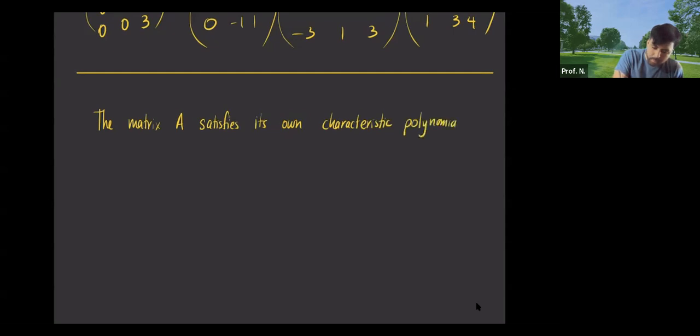That's a very, very profound statement. We're not going to get into the nitty gritty of it because that is a bit more advanced. But if you give me any characteristic polynomial of a matrix, that matrix itself satisfies its own characteristic polynomial.